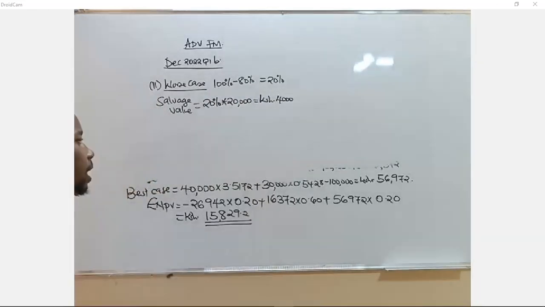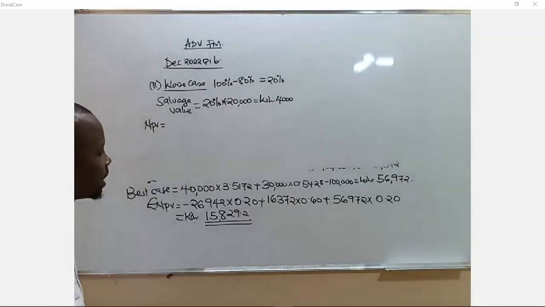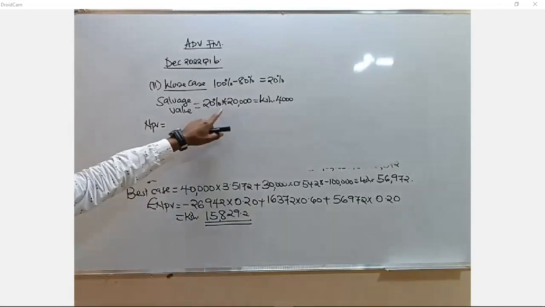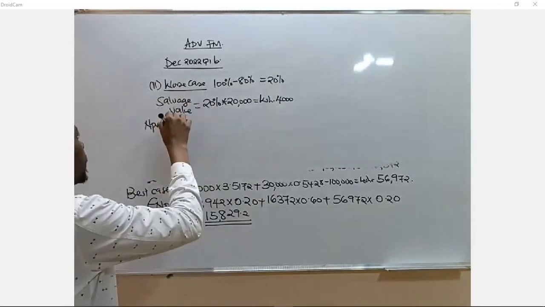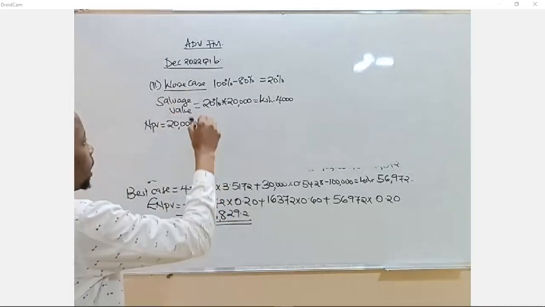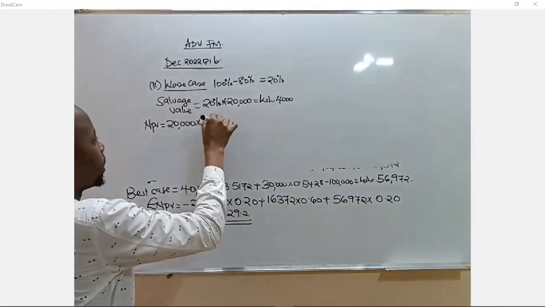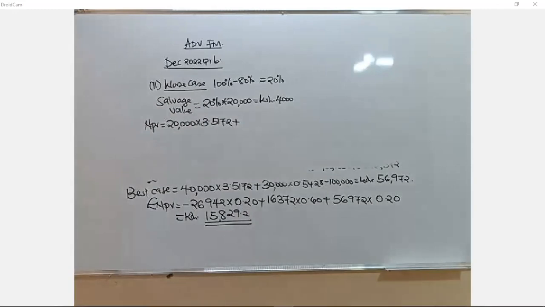So when you are calculating your NPV in this scenario, for the worst case now, you are going to be taking the cash flows, the annual net cash flows for the worst case, which you are being given as 20,000. You multiply by the discount factor, which is 3.5172, plus the salvage value of ours, which now changes.